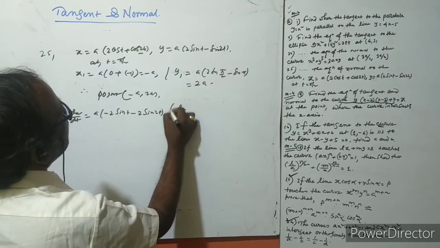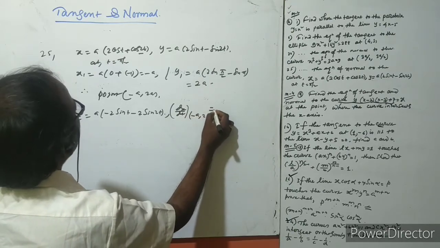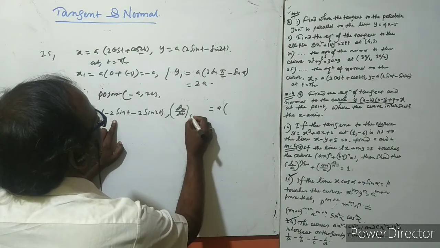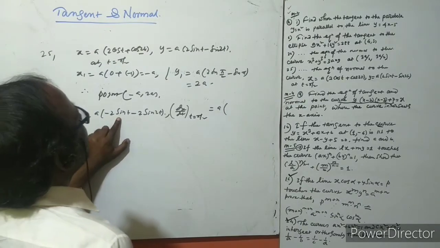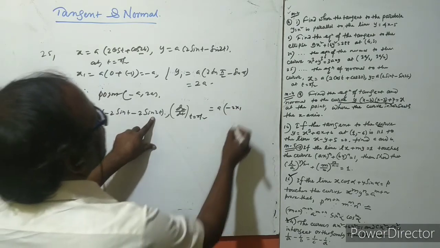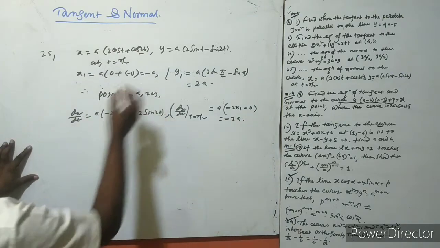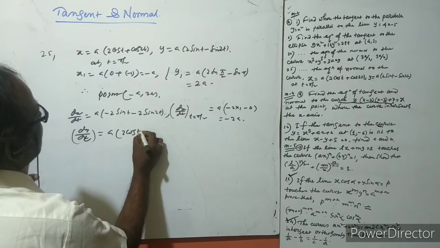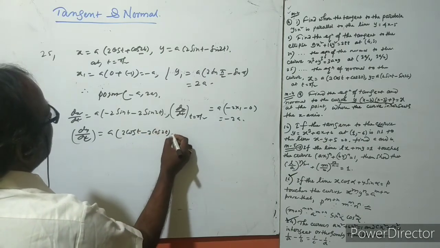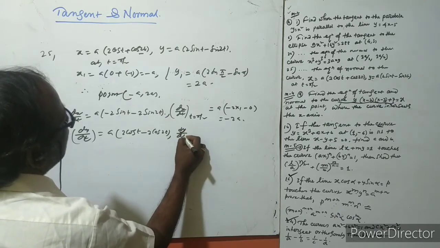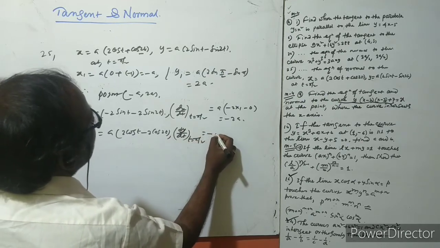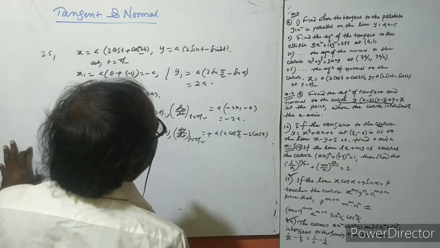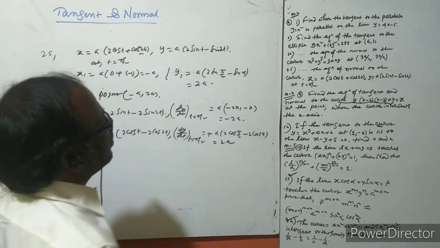So dx by dt at t equal to pi by 2: if we put pi by 2, it is minus 2 into 1, and sin pi is 0, so minus 2a. And again find the derivative dy by dt: that is a(2 cos t minus 2 cos 2t). So dy by dt at t equal to pi by 2 is a(2 cos pi by 2 minus 2 cos pi), where cos pi by 2 is 0 and cos pi is minus 1, so that is 2a.